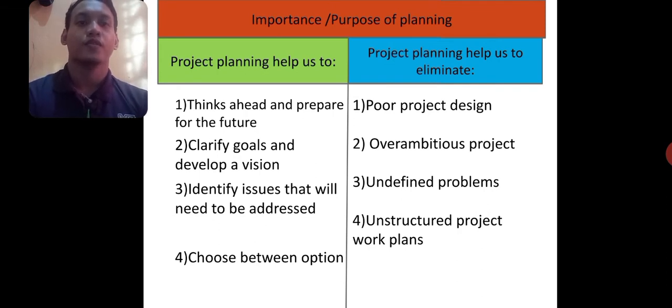Fourth, choose between options. The project planning also helps us to eliminate first, poor project design. Second, over-ambitious project. Third, undefined problems. Fourth, unstructured project work plans.